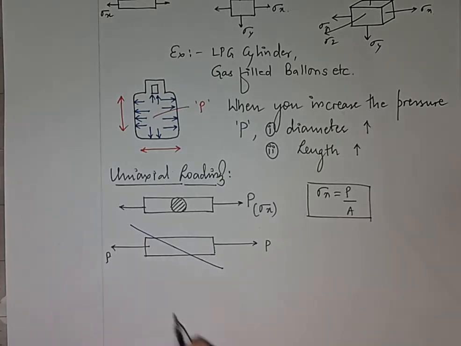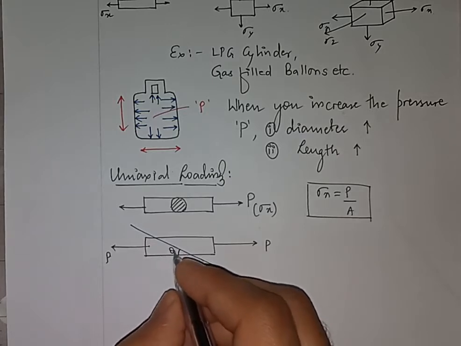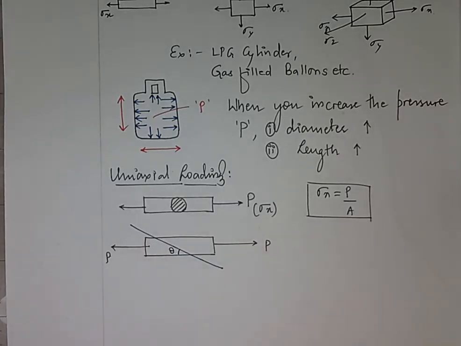This oblique plane is making a certain angle theta with respect to the longitudinal axis. Which is the longitudinal axis? These two lines of action of forces, if I connect them together, whatever axis is formed, I call it the longitudinal axis.